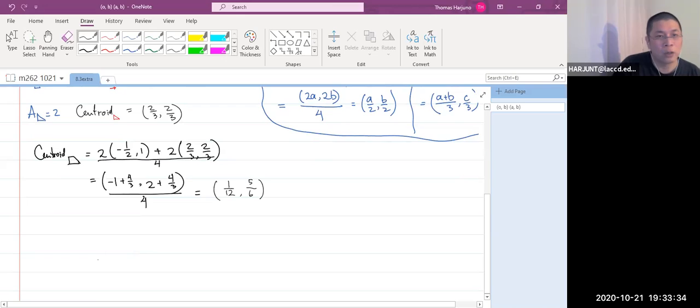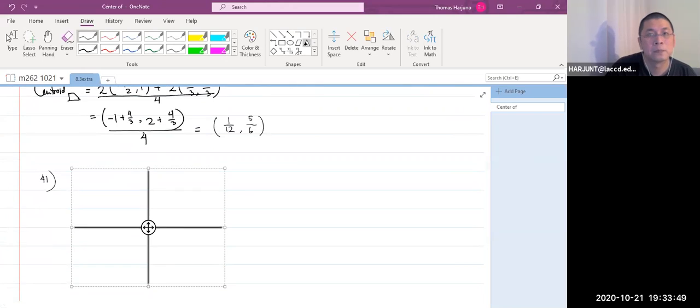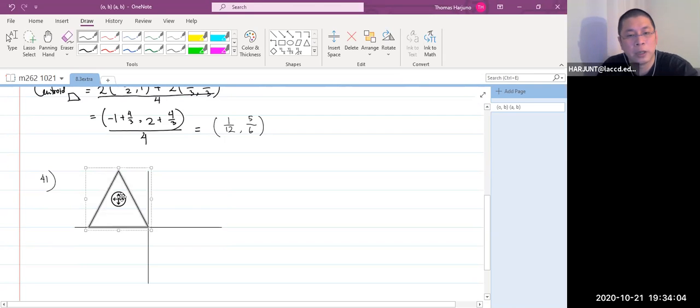Okay, number 41, for example, which is kind of fun for me. Number 41, we have this shape. And then copy that.